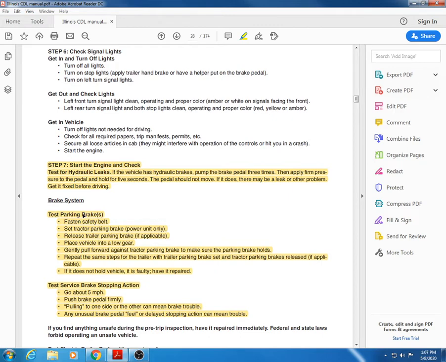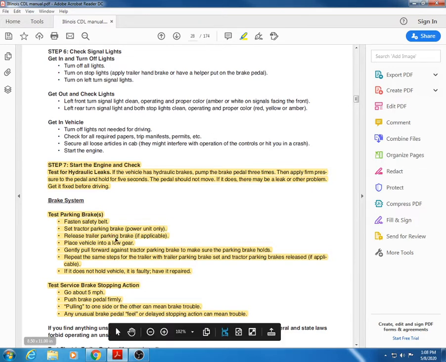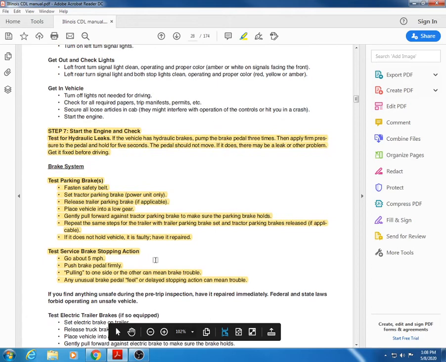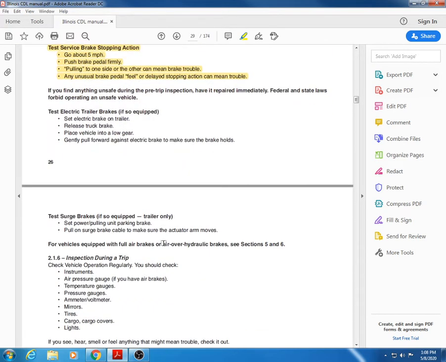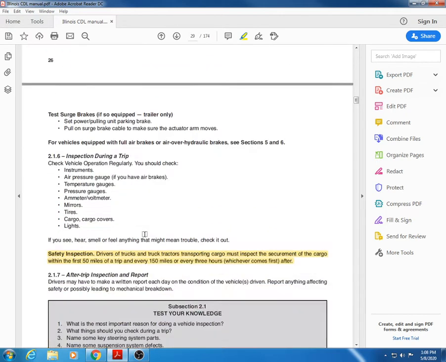Of course, you're going to want to check that to make sure that it is working correctly before you move the truck in any way. This is very important right here. This is how you test your service brake stopping action and how you test your parking brakes.